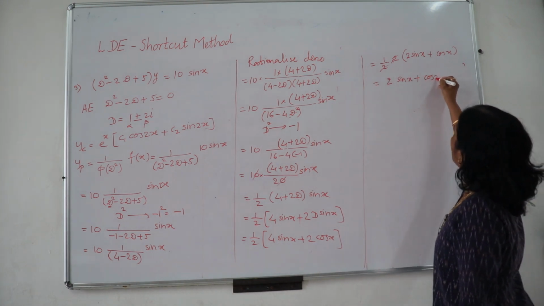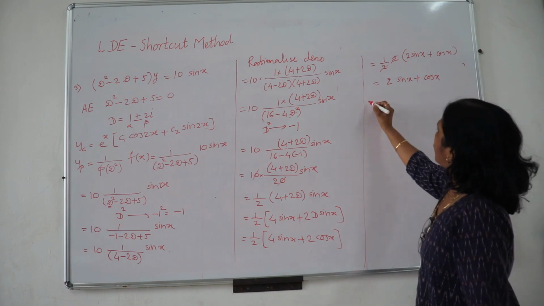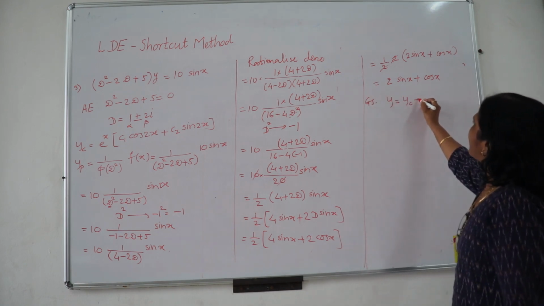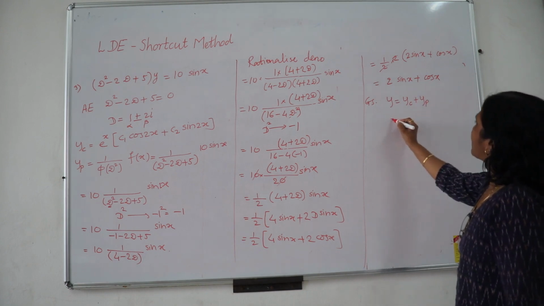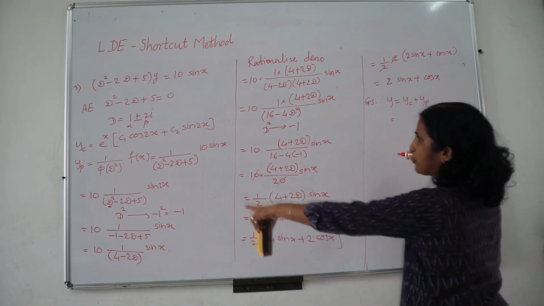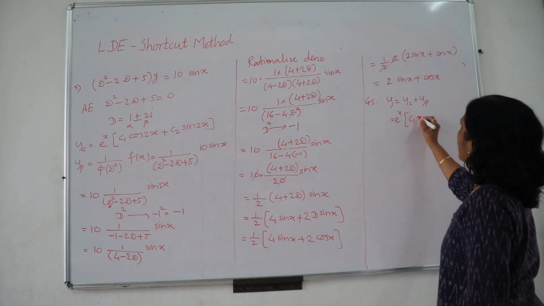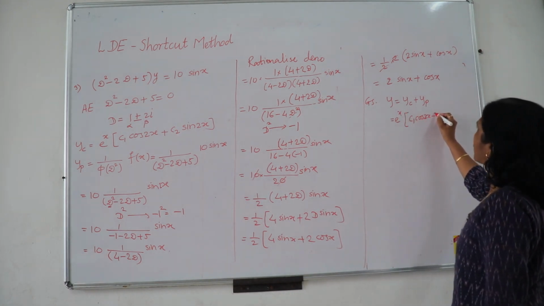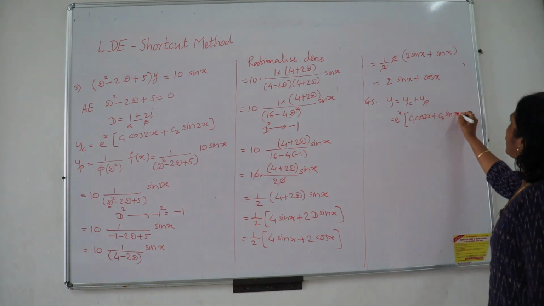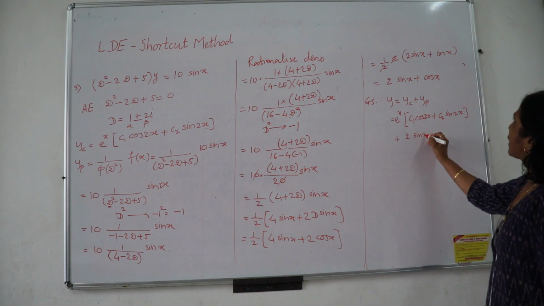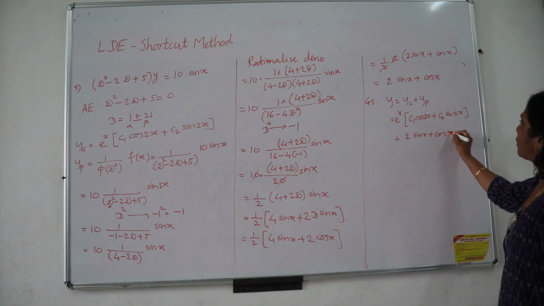This is the value you have got, and then finally what I will get is the general solution y equal to yc plus yp. So yc is the same value which we have calculated here: e raised to x into bracket (c1 cos 2x + c2 sin 2x), and finally yp is written here, 2 times sin x plus cos x, and this is your complete value.